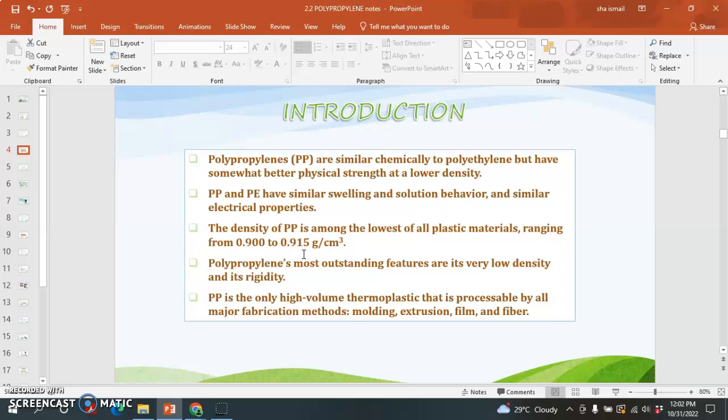So even though it has a very low density, it has good strength. Means that walaupun dia ringan, tapi dari segi kekuatan dia sangat bagus. PP is the only high volume thermoplastic that is processable by all major fabrication methods, such as molding, extrusion, films, and fibers.